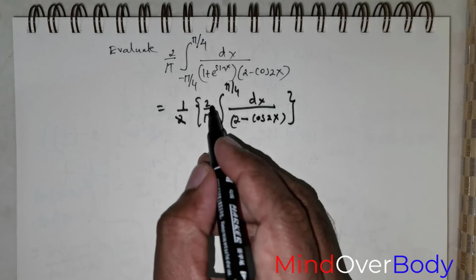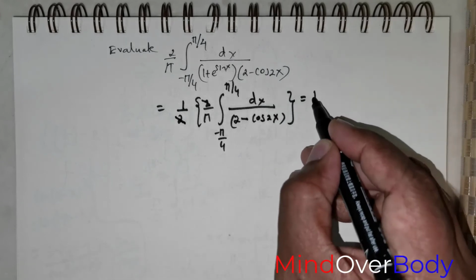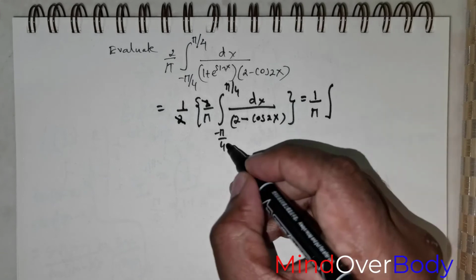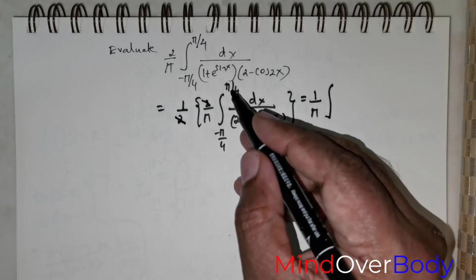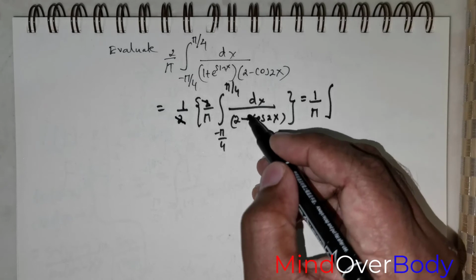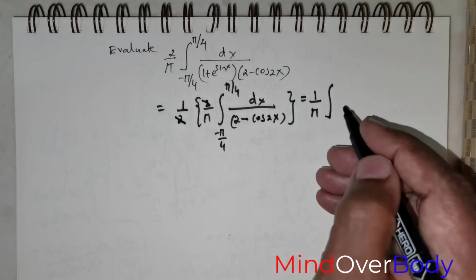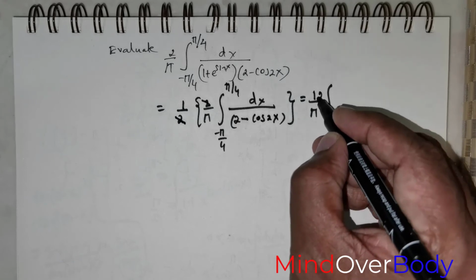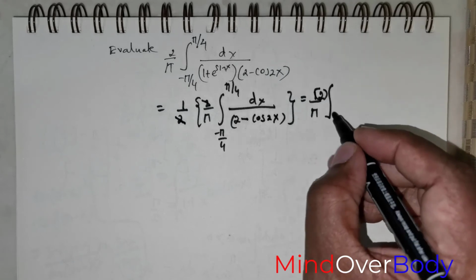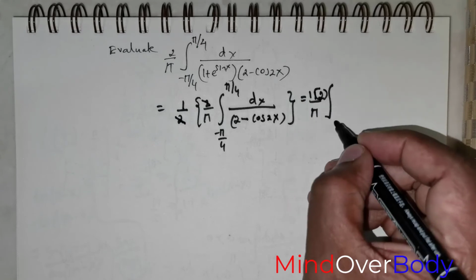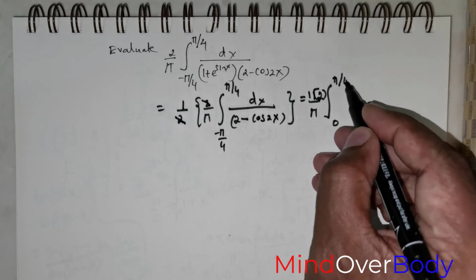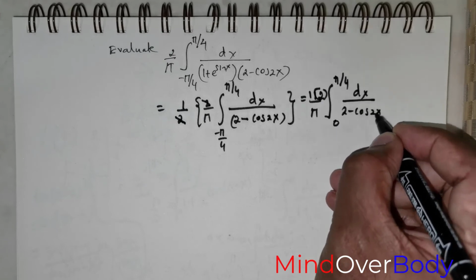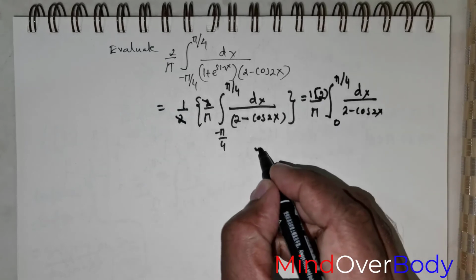Now I can clearly cancel the 2 here, so that is going to give me 1 over pi integral negative pi over 4 to pi over 4 of 1 over 2 minus cos 2x. Clearly this is an even function, so I can write this as 2 times the integral 0 to pi over 4 dx over 2 minus cos 2x. Now we know a formula.